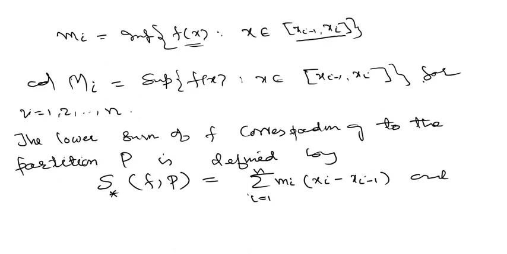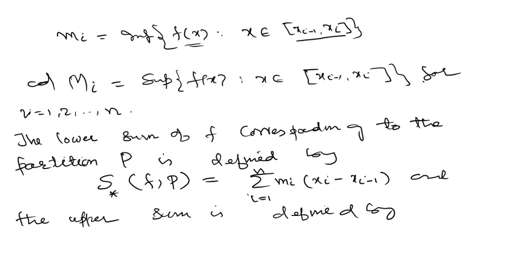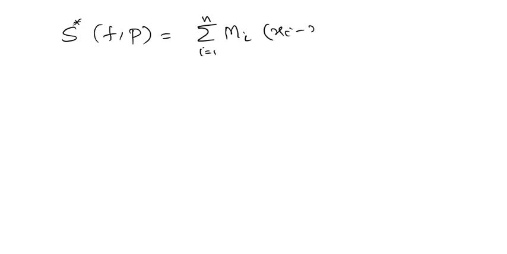And the upper sum is defined by, now let's define the upper sum, S^*(f, P), and that is the summation where instead of small m_i we take capital M_i, which is the supremum of f over the i-th subinterval [x_{i-1}, x_i].